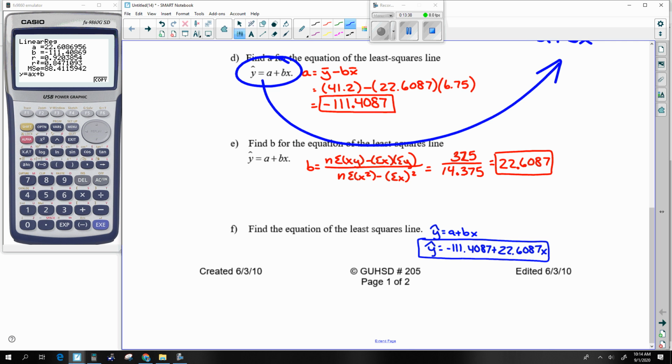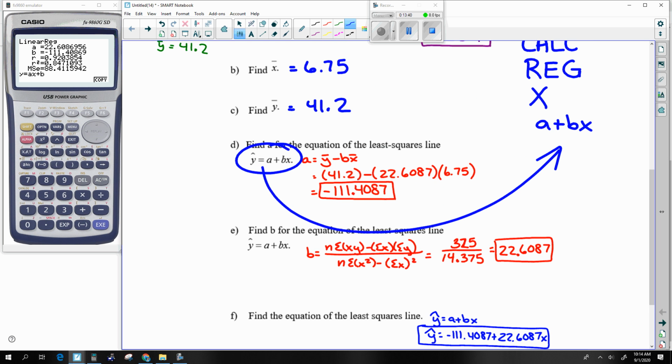My calculator is spitting out similar numbers to yours, but mine are a little bit different. Mine swap A and B. So yours should say A is equal to negative 111.40869, and B should be 22. As I said, yours is a little bit different.